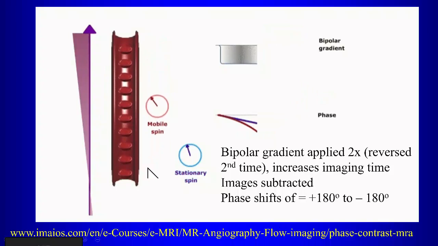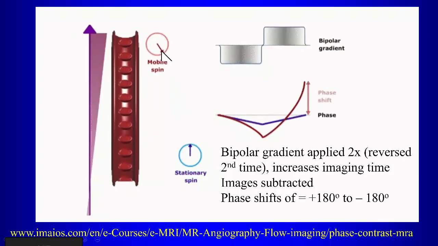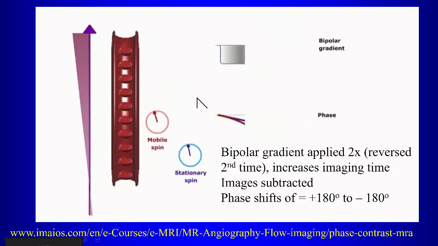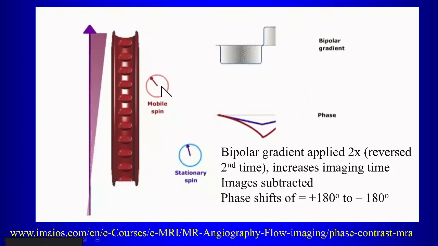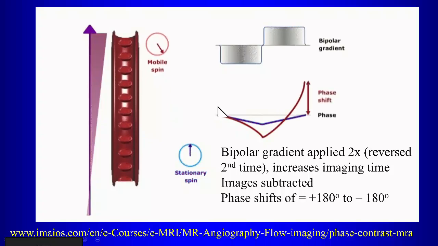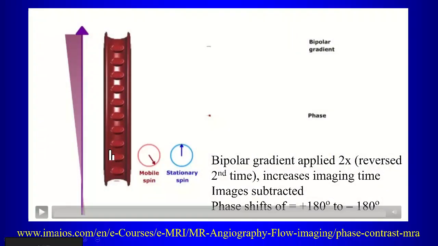But the point is that by using the proper imaging sequence, anything that is phase shifted relative to the other tissue means that it is moving. And we can measure how much out of phase it is, okay?